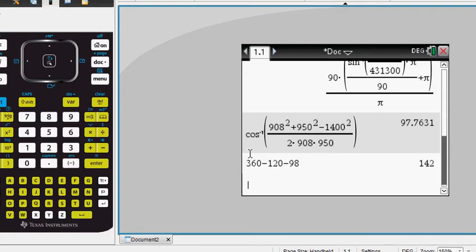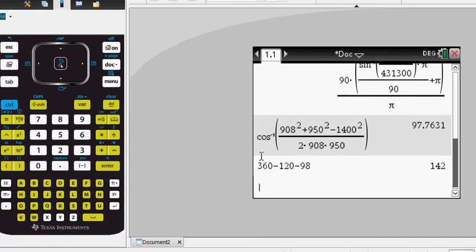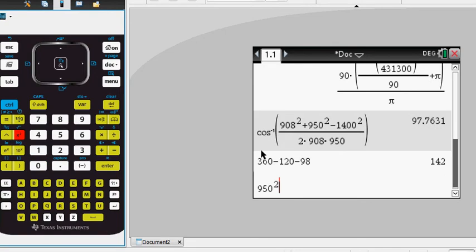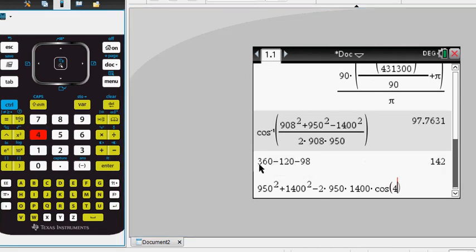Okay, so let me move this slightly to this side so that you can see the screen. So let me do 950 squared plus 1400 squared minus 2 times 950 times 1400 times cos of 40, that is x squared.